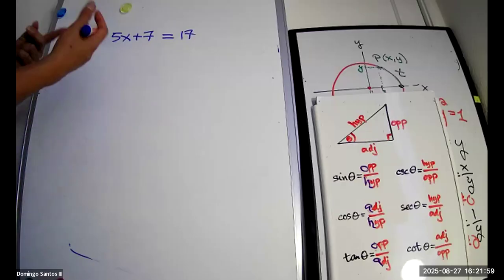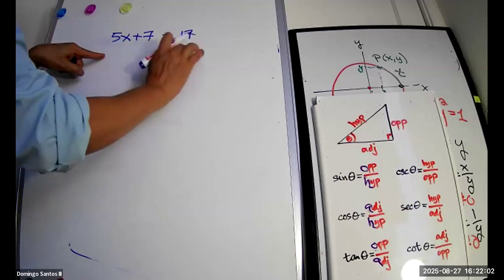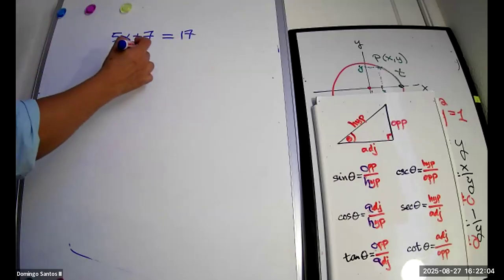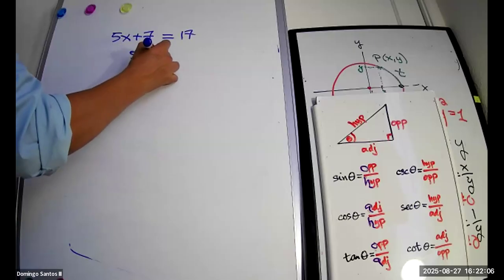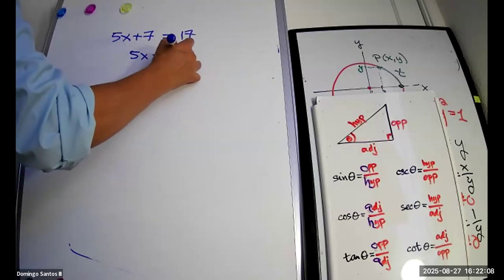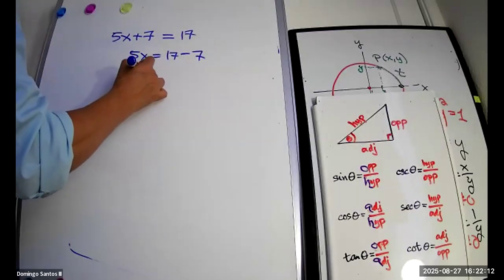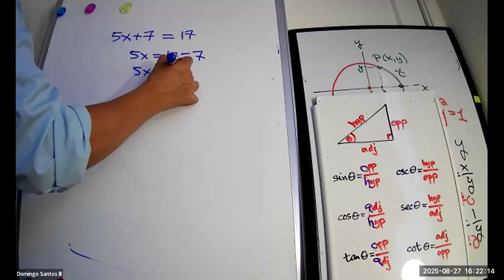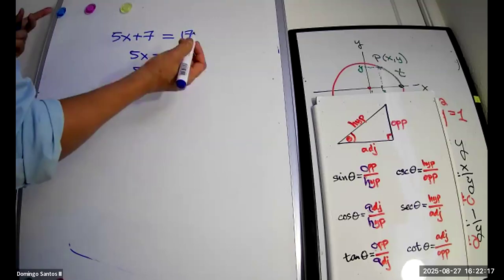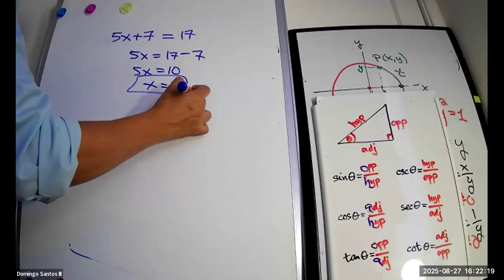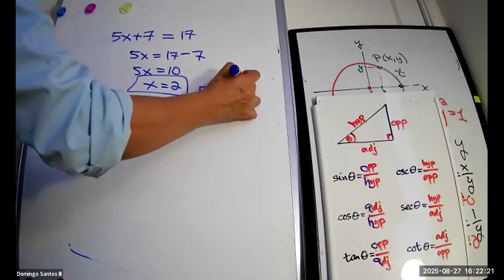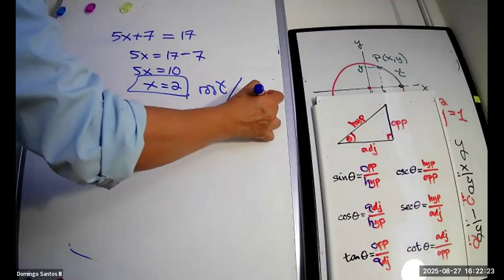That's just the value of x that will satisfy this equation. And usually how we do it is just to isolate x. So I'll do it this way, minus 7, right? So 5x equals 10. So x will be 10 over 5, which is equal to 2. So this is a root or a solution to the equation. That's all there is to it.